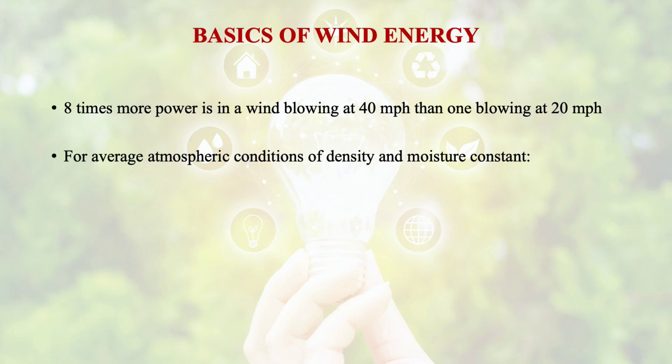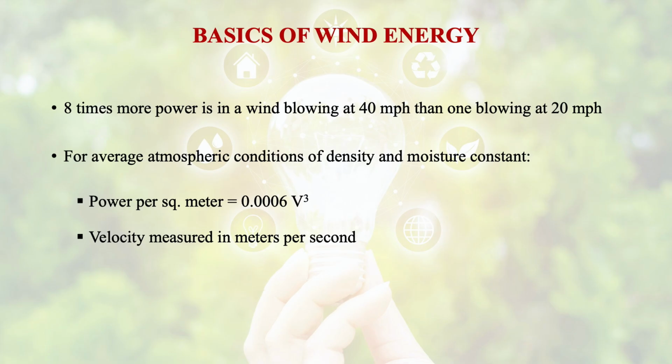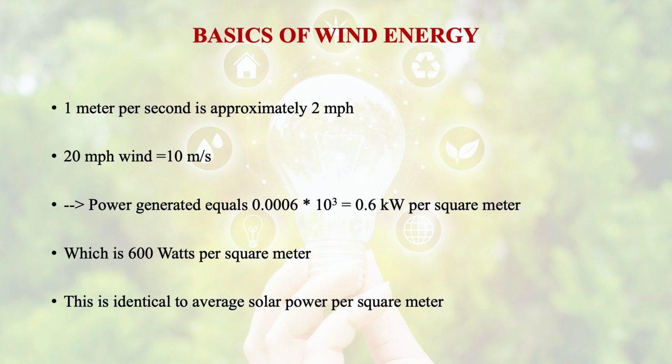If we talk about the average atmospheric conditions of density and moisture content, then the power per square meter will be given by 0.0006 V cube. Here the velocity is measured in meters per second and power is measured in kilowatts. If we are talking about the SI units, 1 meter per second is approximately equal to 2 meters per hour, and 20 meters per hour wind velocity is equal to 10 meters per second wind velocity.